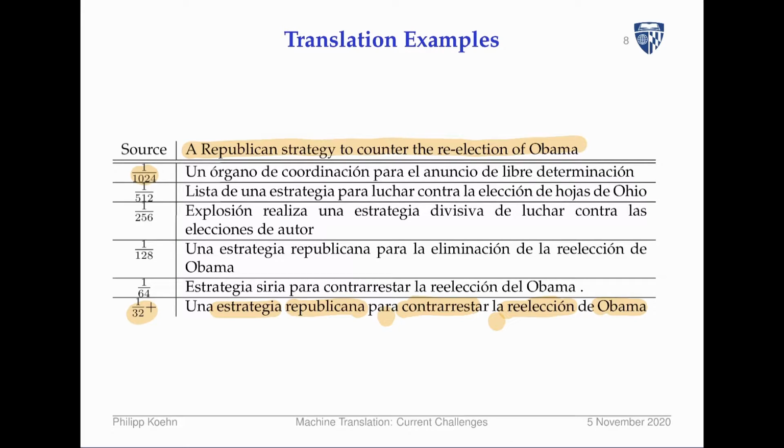Once you go towards lower resource, you see how things fall apart. You see words like Ohio instead of Obama. The first sentence also doesn't have Obama; it really just shows up here. Here you get words about explosion. Here is, I can only guess, an organ of coordination for the announcement of free determination. I'm just guessing here, but this has very little to do with the input.